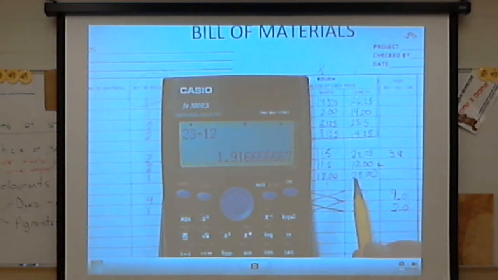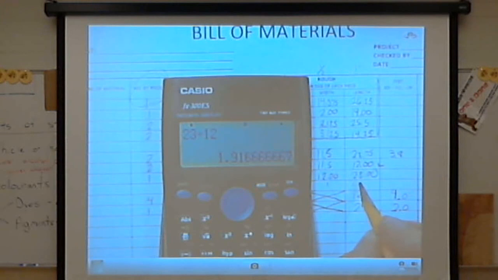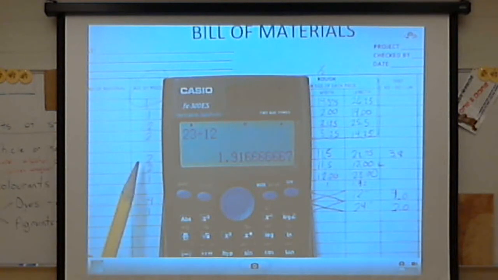So this in square feet would be 1.92 square feet. So I would just take 1 times 1.92, and that would end up giving me the square feet. Okay? So there's 2 different ways that you can do it. You can either first convert these to feet and then multiply them, or just multiply them together and divide by 144. Okay? Don't forget your number of pieces.